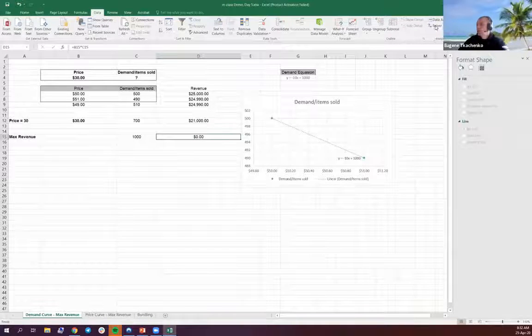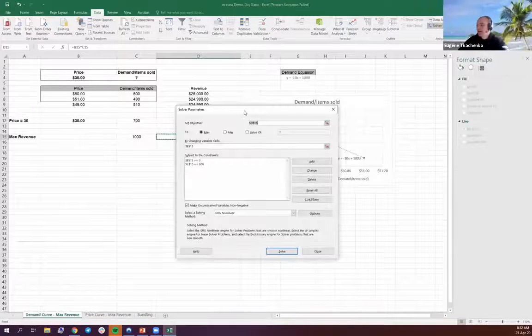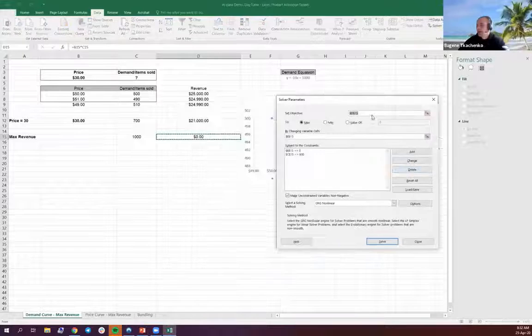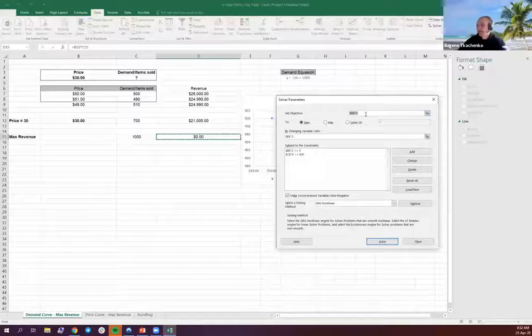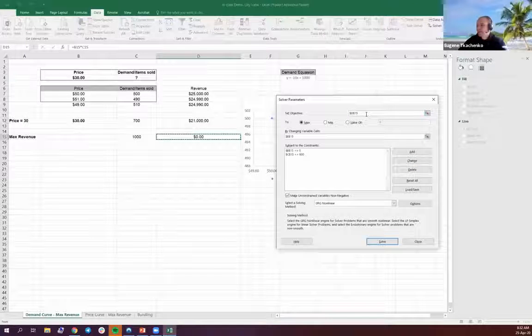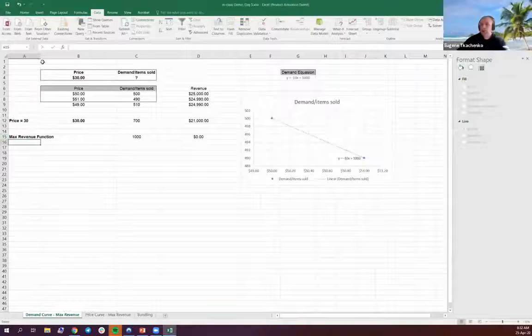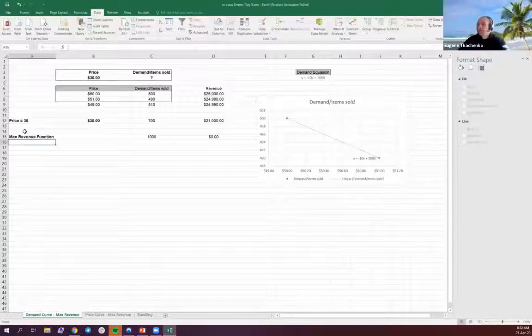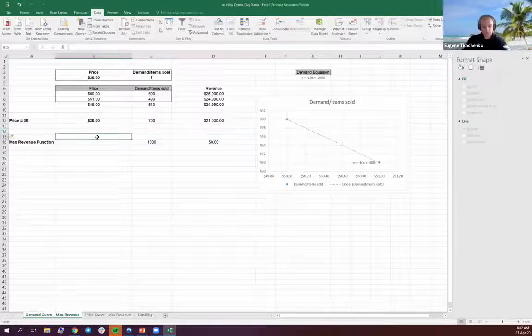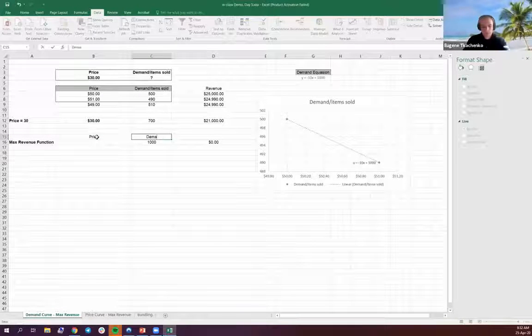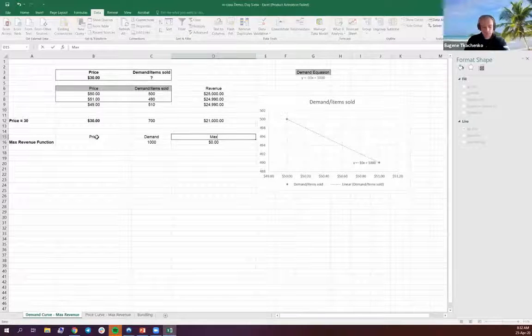So we are going to Solver. We already have our objectives and all characteristics populated. So we are setting up the value for the max revenue. Let me add some more descriptions, just for the sake of clarity, so you can follow it: price, demand, max revenue.